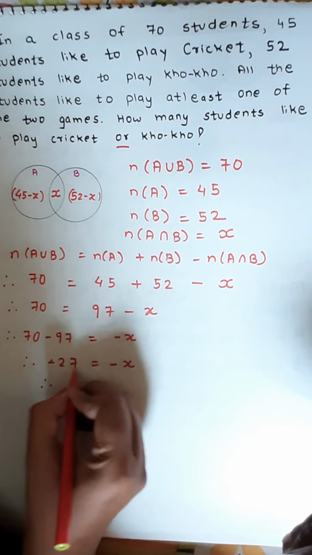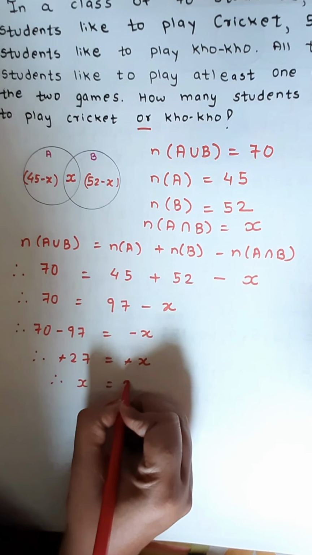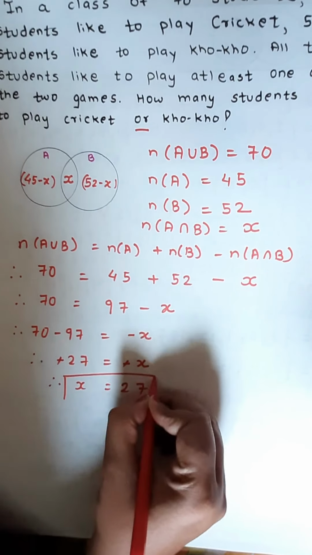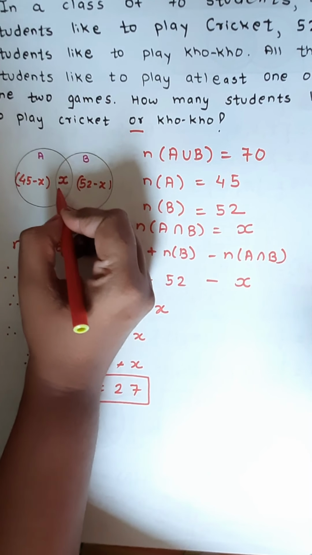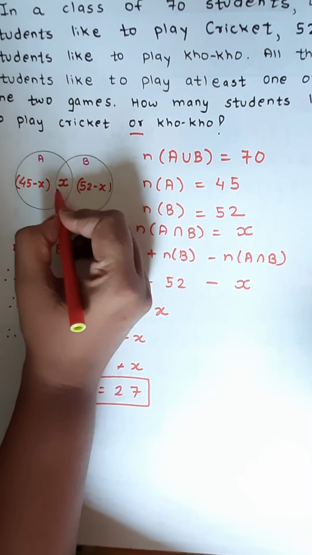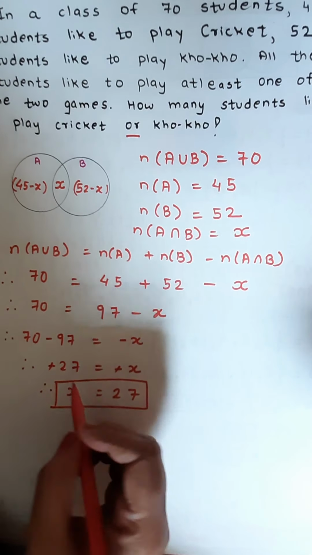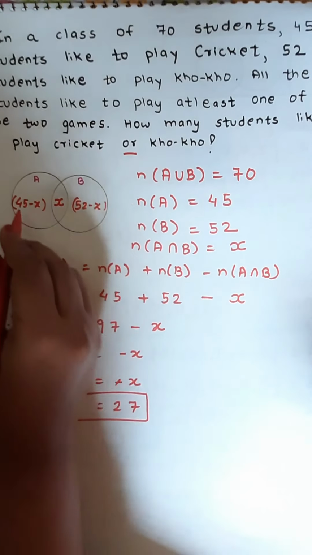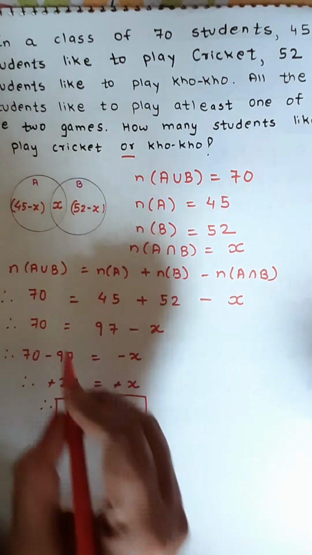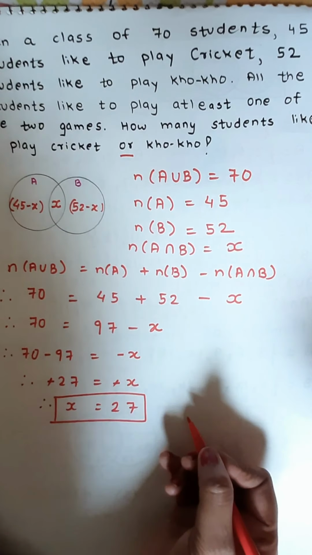Therefore the minus signs cancel and the answer will be x is equal to 27. That means the students who like to play both cricket and Kho-Kho will be 27. Suppose the question is how many students like to play only cricket. So only cricket means this 45 minus x. So it will be 45 minus 27. So it will be 18.